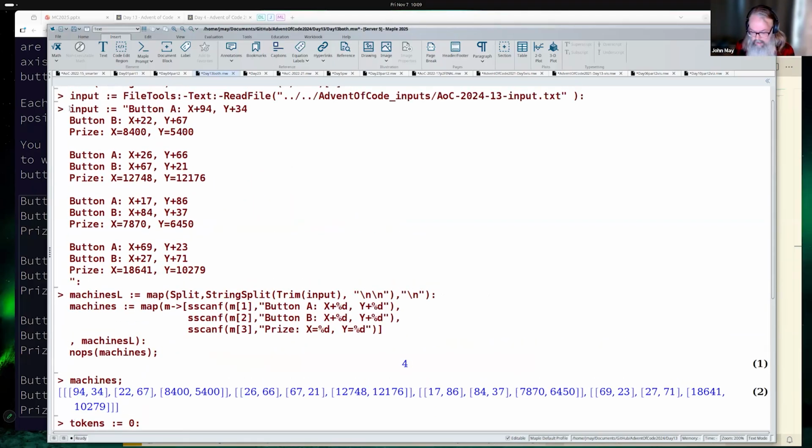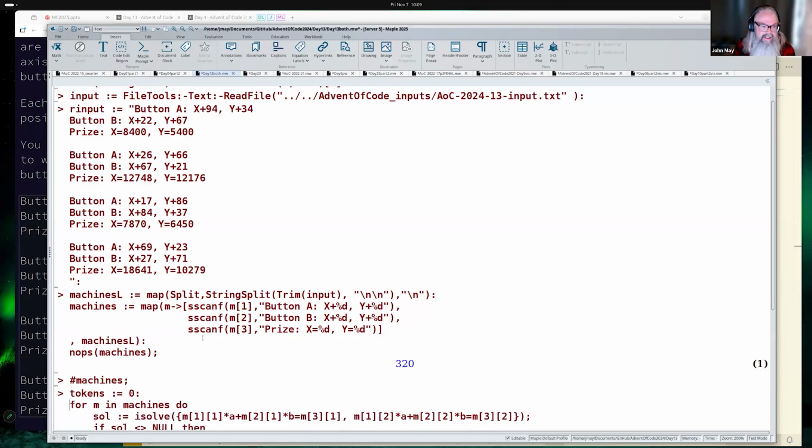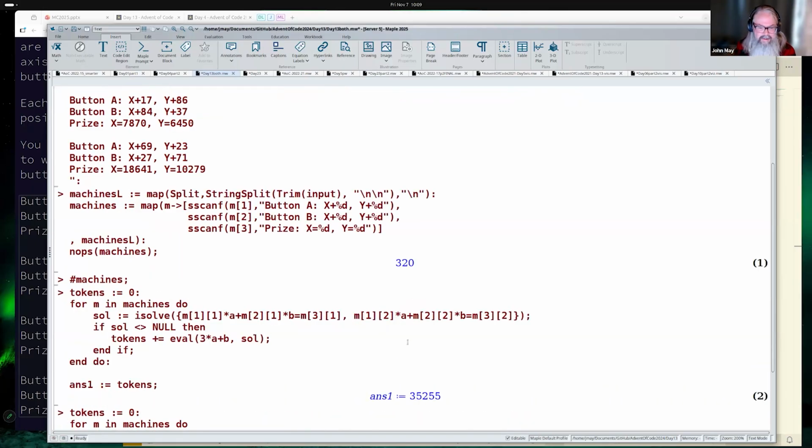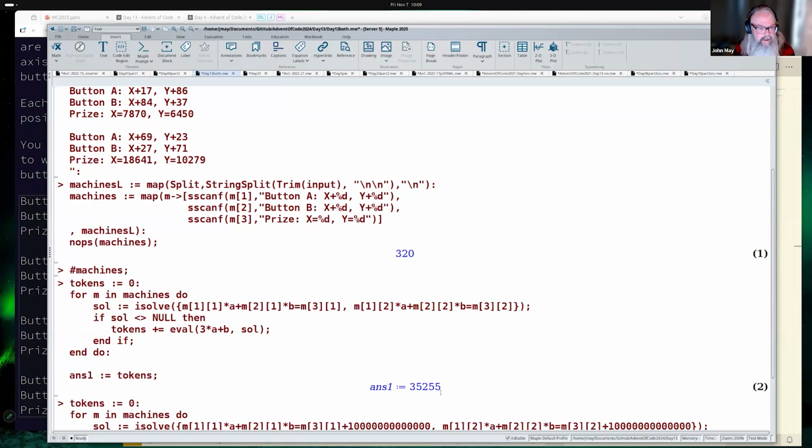You try the sample, and then you go back, you load the actual input, which I'm not going to display. You see there's 320 machines, but 320 integer equations is not bad.